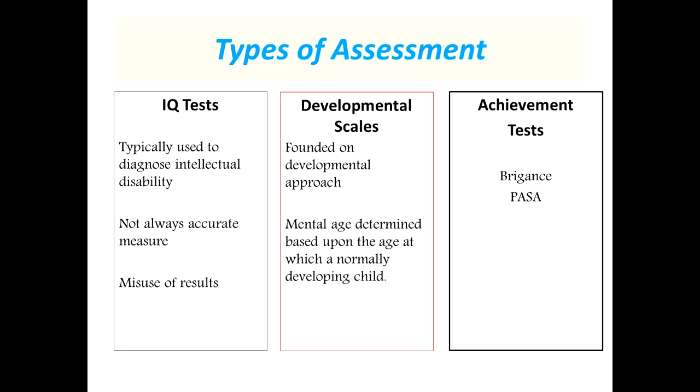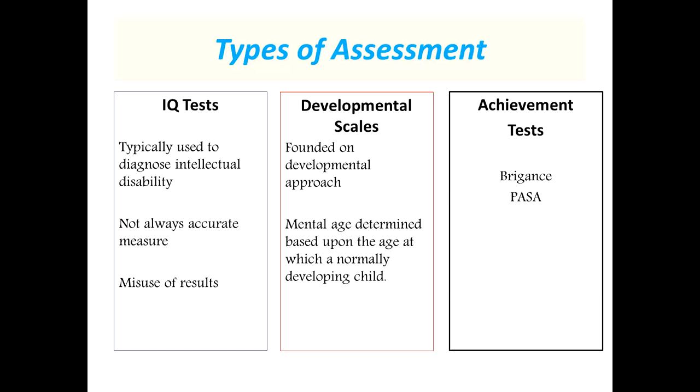Lastly, achievement tests. I would be remiss if I didn't talk a little bit about achievement tests. In achievement tests specifically, again, the PASA, which you're going to do a 2.5-hour session on, watch that information. So that will be a piece that you'll find more about.